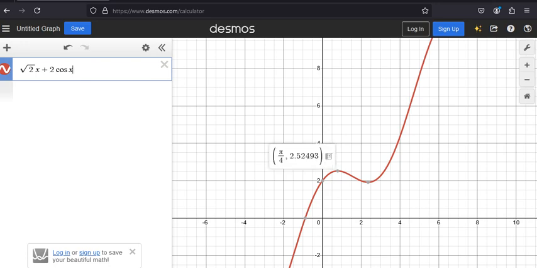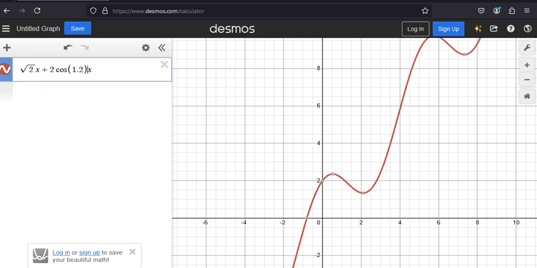Yeah, how did you do that? How did I do what? Get it to radians. It always does show radians. It knows that it's working with trig, so it's giving you the pi over 4 instead of the decimal. Like if I put, let me just do something weird here. Let's say it's cosine 1.2x. Let's see if that changes it.